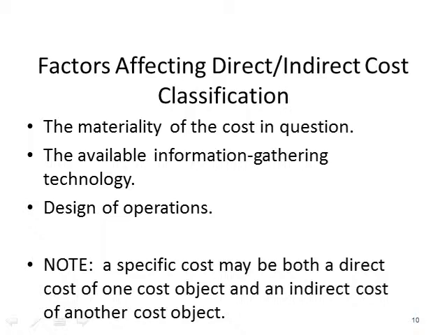Even though these items might be thought about as being indirect in nature, if the design of operations says that one whole part of our plant may be associated with the manufacture of a particular car, it makes it easier, because there's a 100% causal benefit relationship, to treat that otherwise indirect cost as direct. Keep in mind too that a specific cost may be direct for one cost objective and an indirect cost for another.